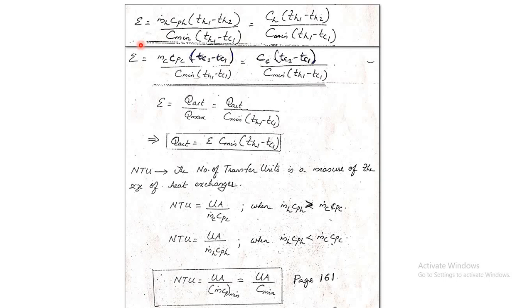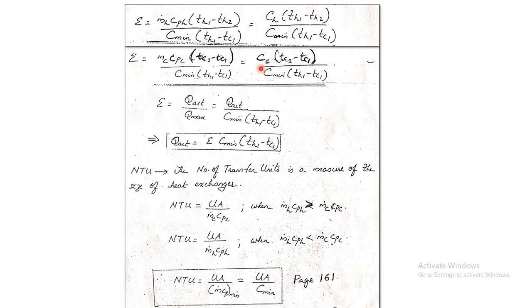So you can write the effectiveness equation. If we consider the hot fluid, mhCph times Th1 minus Th2, that is the actual heat transfer rate, divided by the maximum possible heat transfer rate, C minimum multiplied with Th1 minus Tc1. C minimum is the lowest value of Ch and Cc.